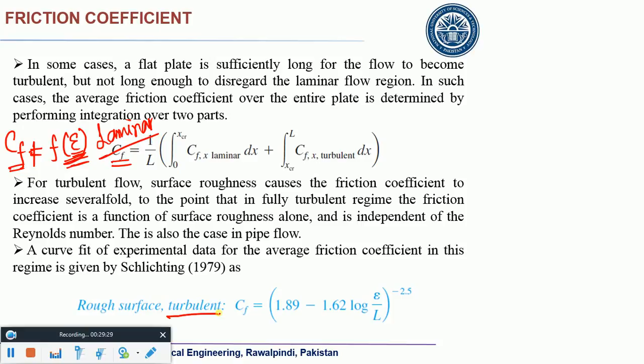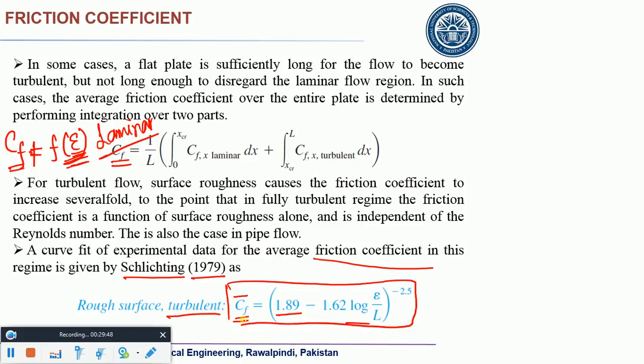So if you have turbulent flows over a rough surface, the friction coefficient would increase to a considerable extent, and you need to consider this relationship, which was proposed by Schlichting in 1979, to find out this average CF.